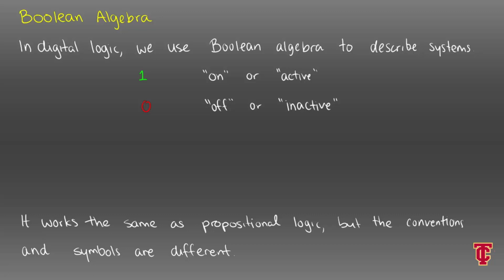Now, in Boolean algebra, we have ones and zeros, which is why we also use them in propositional logic. But one doesn't mean true and zero doesn't mean false. We think of one as being on, or active, and zero being off or inactive. It's like a light switch.